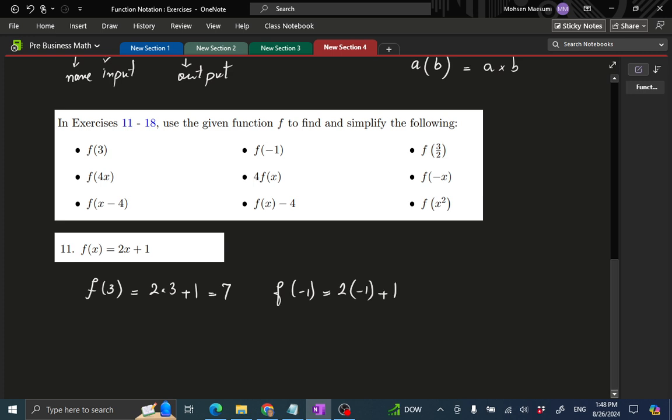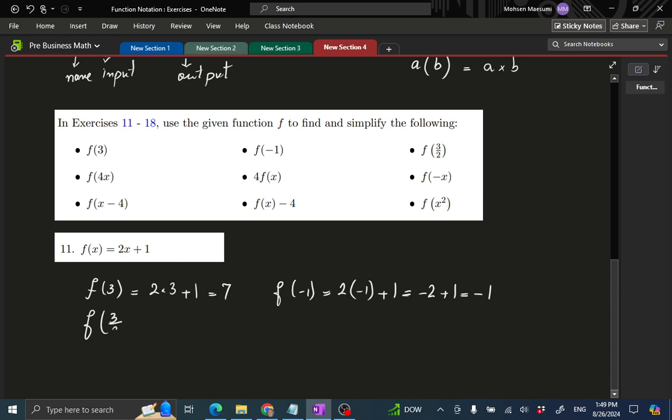Why did I put the parentheses here? Because if my input is some complicated, negative thing or something, I put it in parentheses in order not to make a mistake in following the procedure. So what's the procedure? Double the input, so minus 2 plus 1, and this boils down to just minus 1.